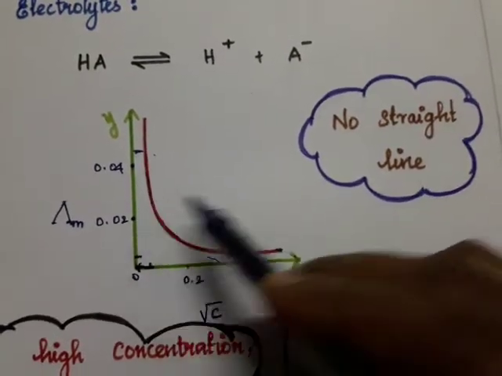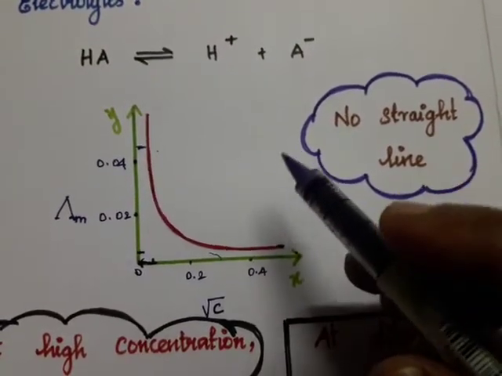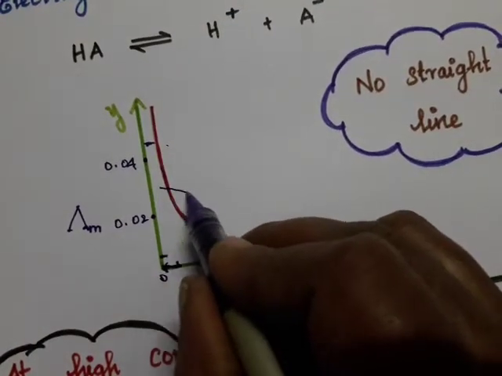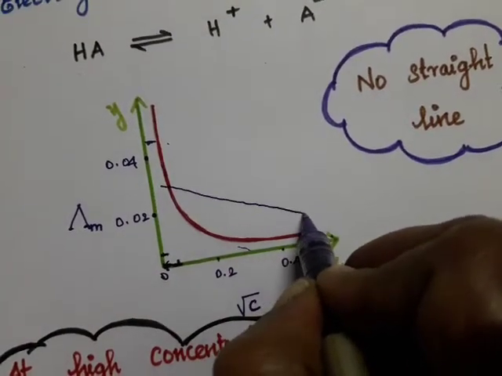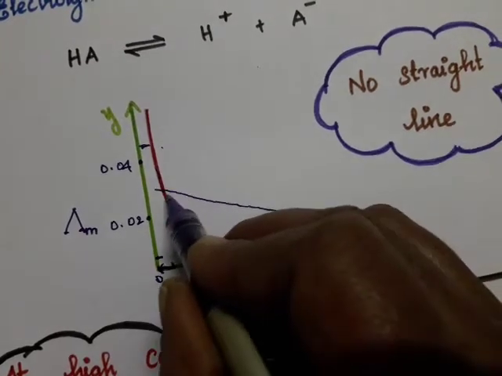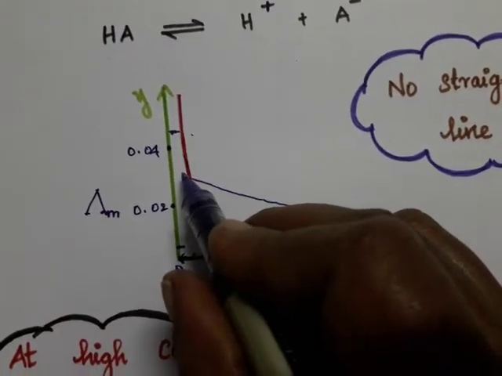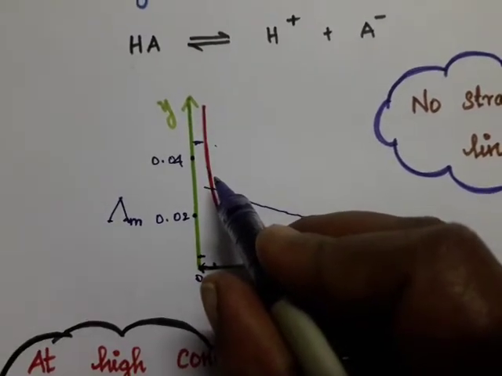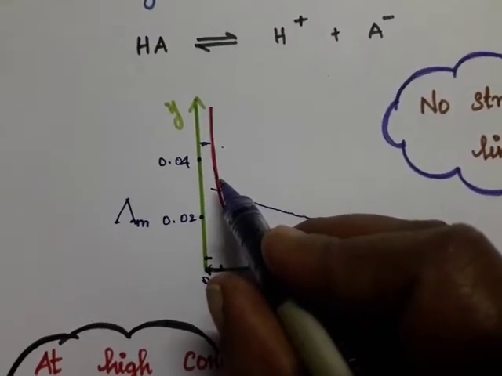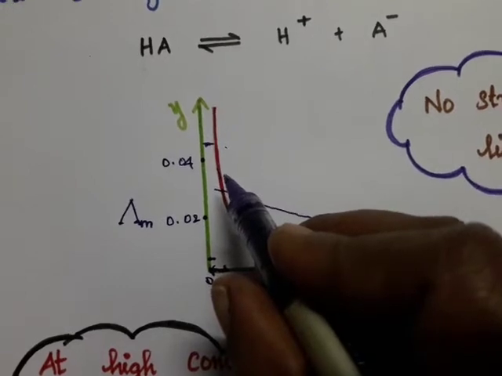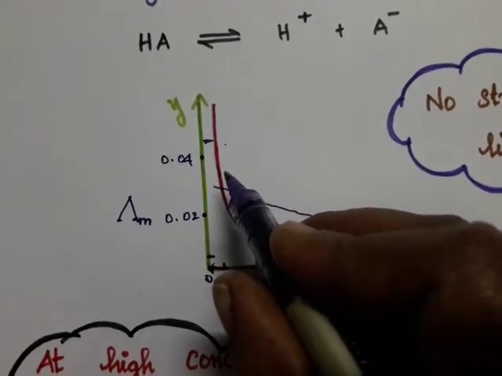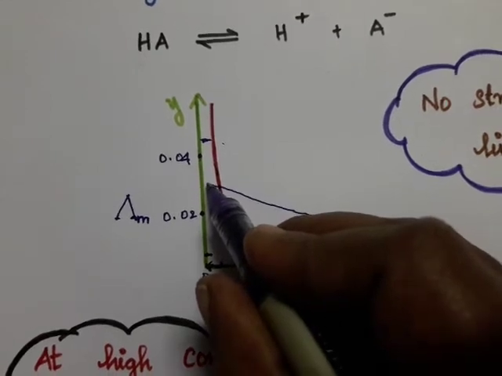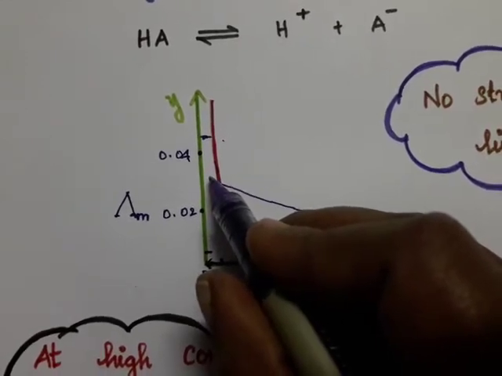And here there is no straight line like for the strong electrolyte, where we got a straight line like this. By using the straight line, we can calculate lambda m naught. What is lambda m naught? Do you remember, in the Kohlrausch relationship, we studied that lambda m naught is nothing but the limiting molar conductance, which is the y-intercept.